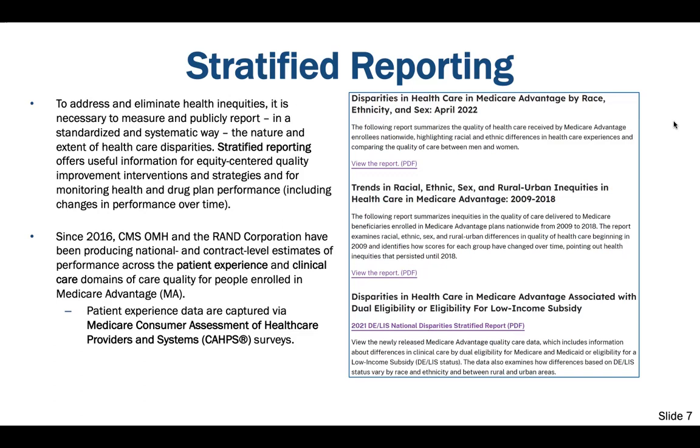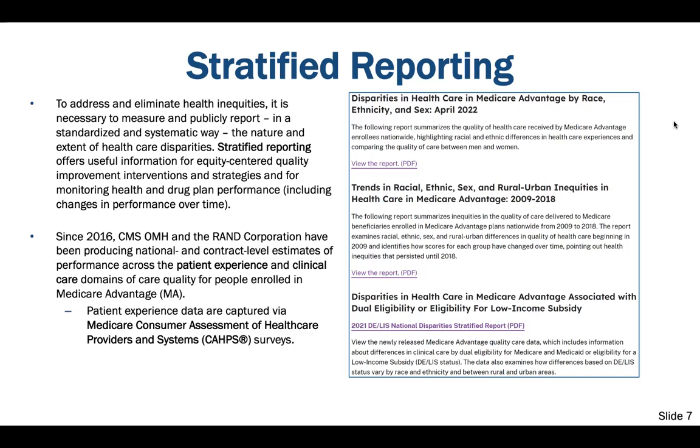And so they began, and I should say as an aside, they do this not just for CAHPS measures of patient experience, but also for other measures like measures of clinical quality. They began by focusing on stratified reporting by race and ethnicity, and I should say what I mean by stratified reporting.